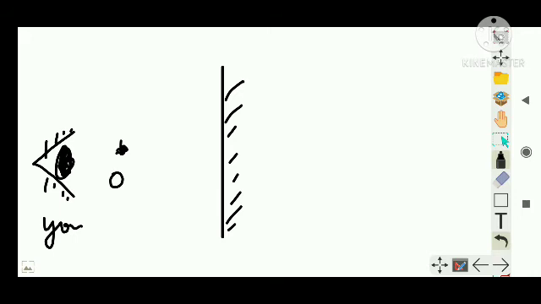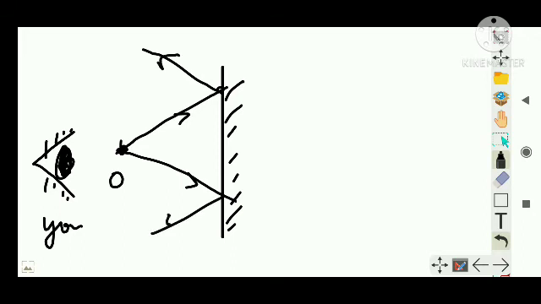This object is giving incidence like this. This incident ray produces a reflection here and a reflection here. Both of these reflections are not meeting your eye.